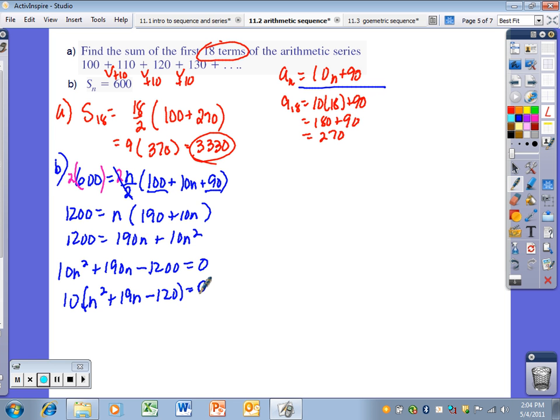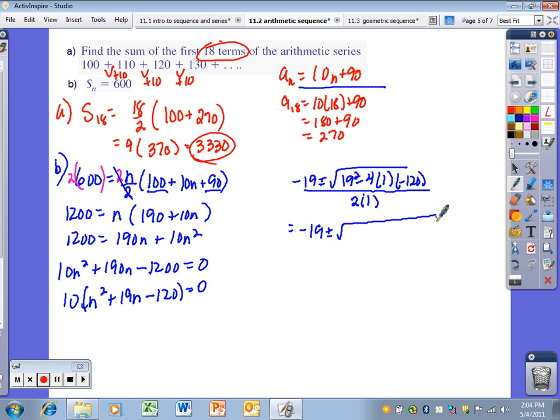So again, I'm going to do quadratic. Opposite of b, plus or minus square root of 19 squared minus 4ac all over 2a. 361. Negative negative makes a positive, 480, all over 2.